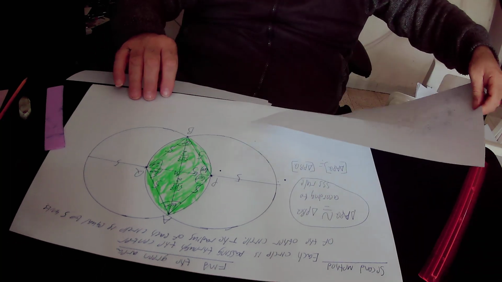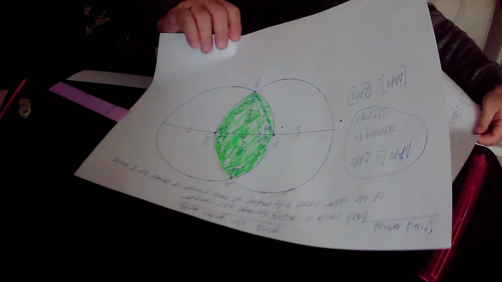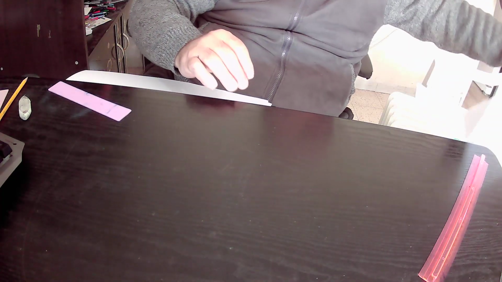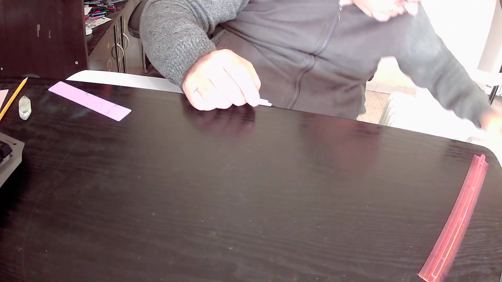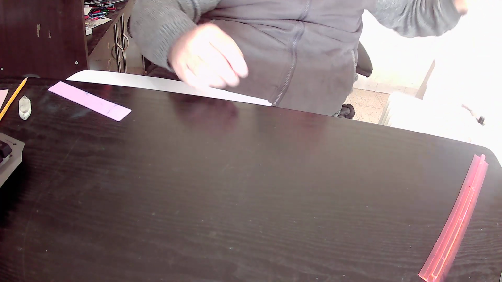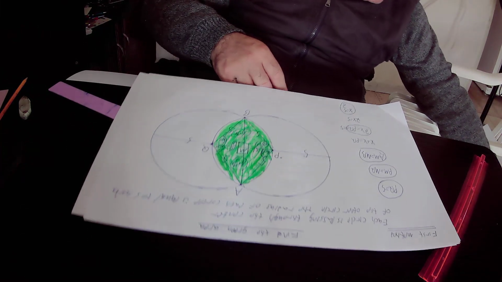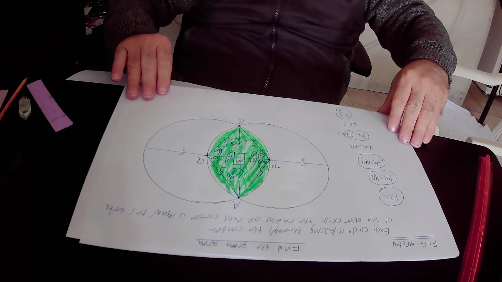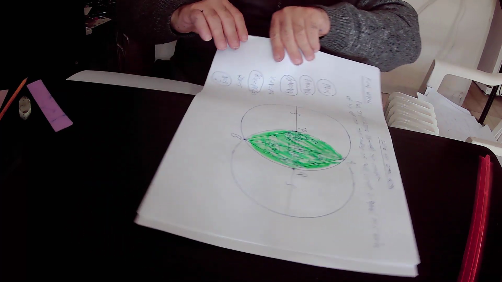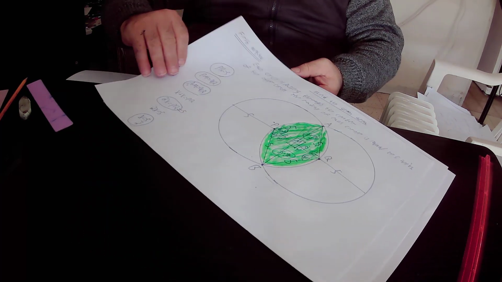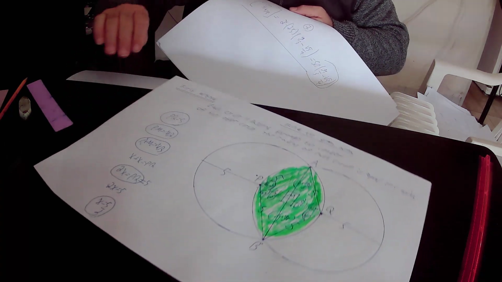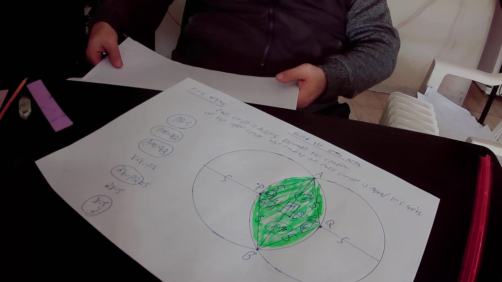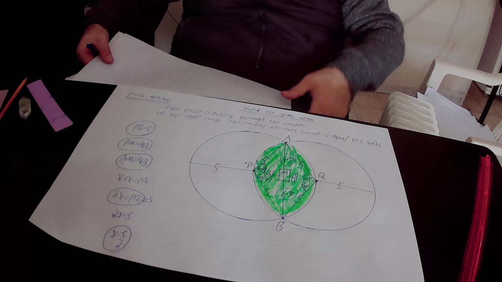So in the next step, I will summarize this lecture. We actually wanted to find out the area of this green shape, and we have here two circles.